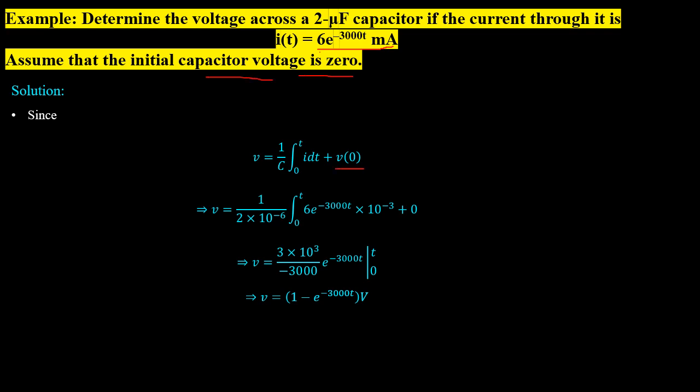Now using the voltage-current relation and substituting the values of capacitance and current, and then integrating from 0 to present time t, the voltage will be equal to negative exponential with a power of minus 3000 t with limits varying from 0 to present time t. Substituting these limits, we will have a voltage of 1 minus e to the power minus 3000 t volts.